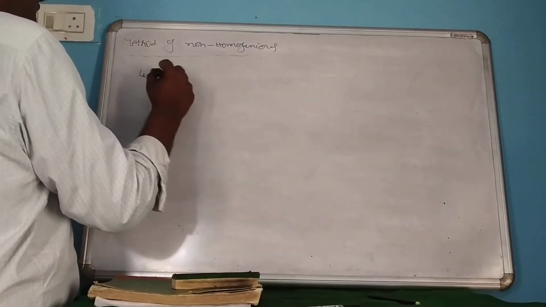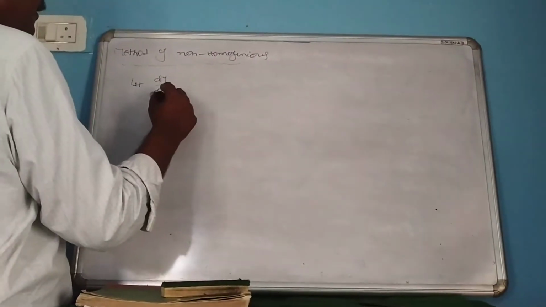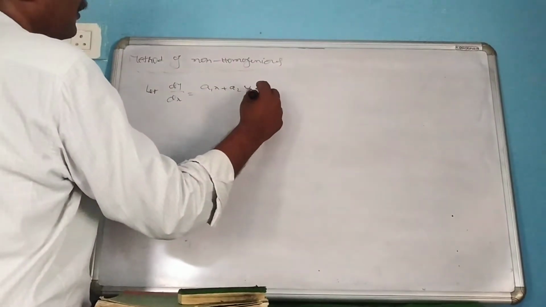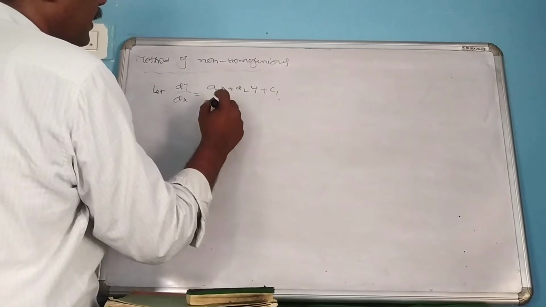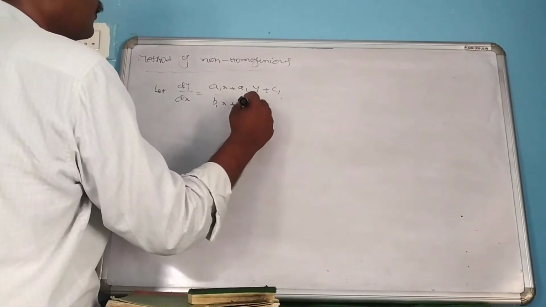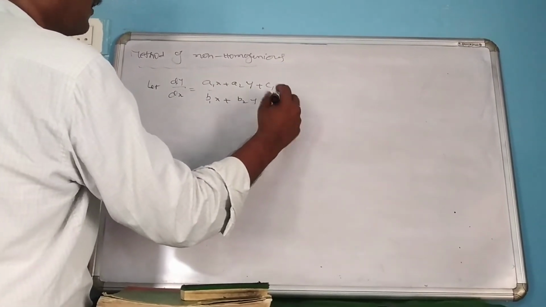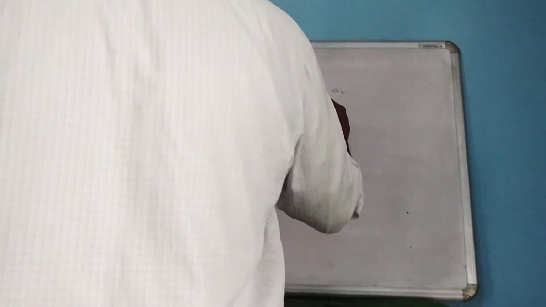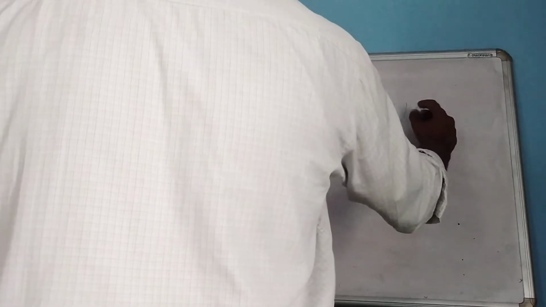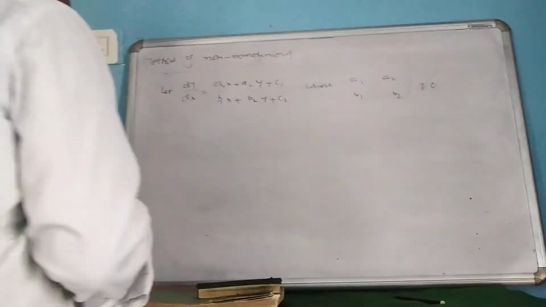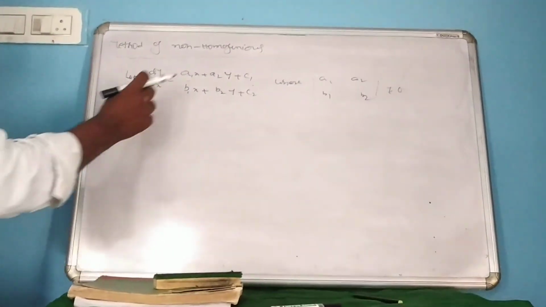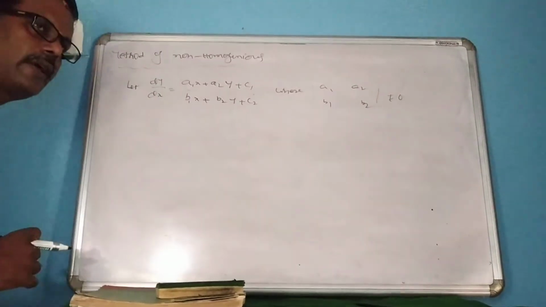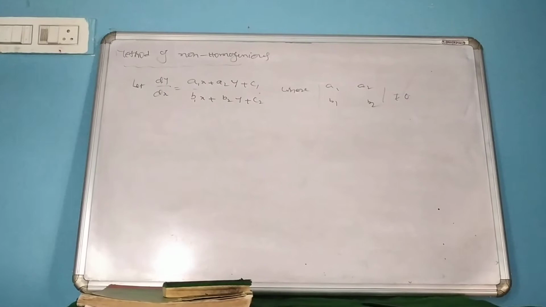Let dy by dx is equal to a1x plus a2y plus c1 by b1x plus b2y plus c2, where the determinant of a1 a2, b1 b2 is not equal to 0. This can be solved by using the method of non-homogeneous.